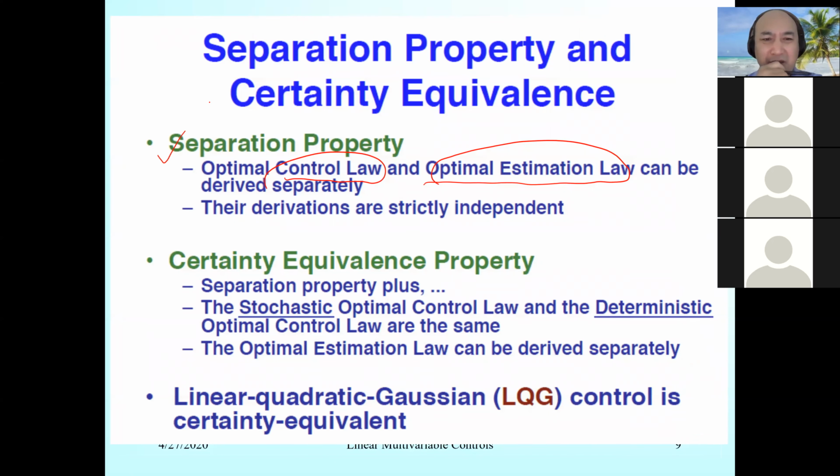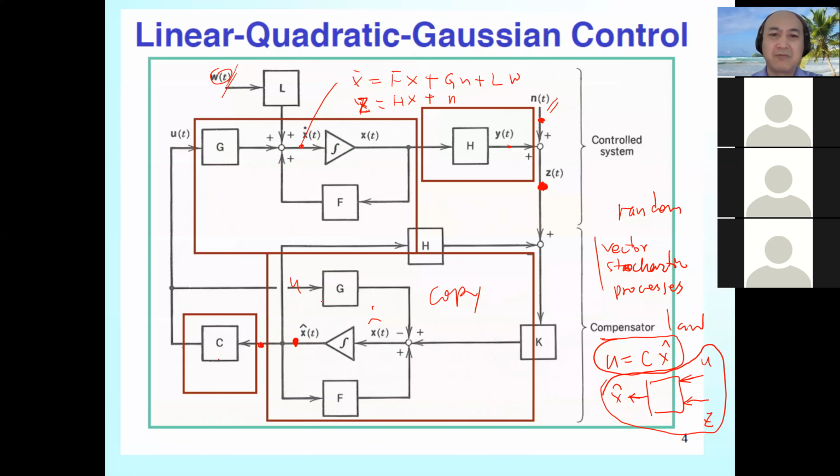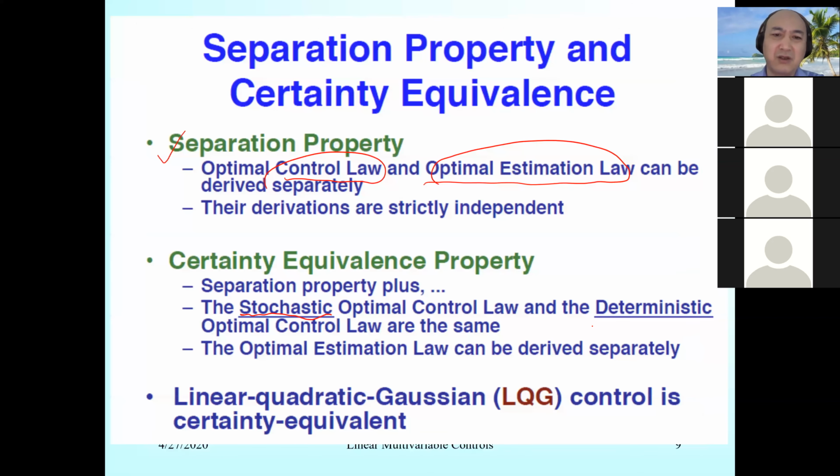There's another property called certainty equivalence, meaning what? Although we are talking about a stochastic optimal control law here, and everything here is random, this is not, okay? So the law itself is not. The control law, you can see that the stochastic optimal control law and the deterministic control law are the same, okay?